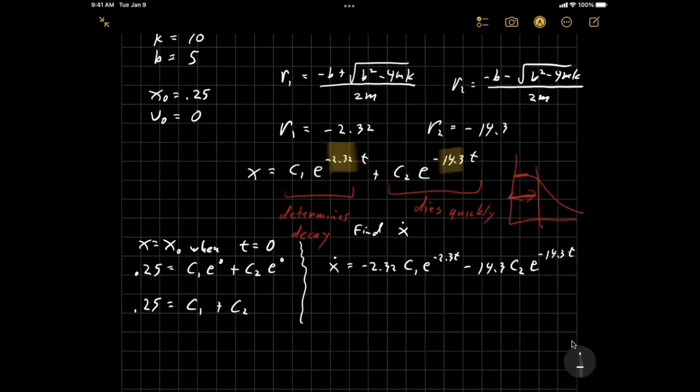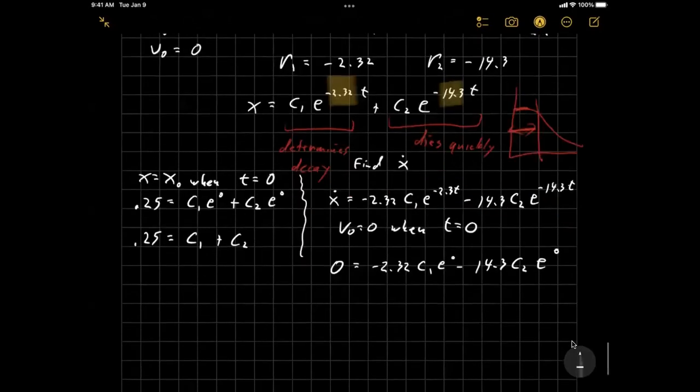And now what we can do is put in that V naught equals 0 when t is 0. So 0 is equal to negative 2.32 C1 e to the 0 minus 14.3 C2 e to the 0. Those e to the 0s all become 1s.